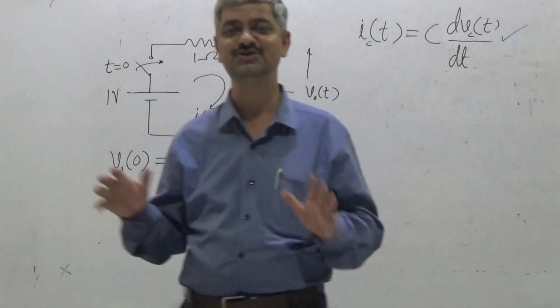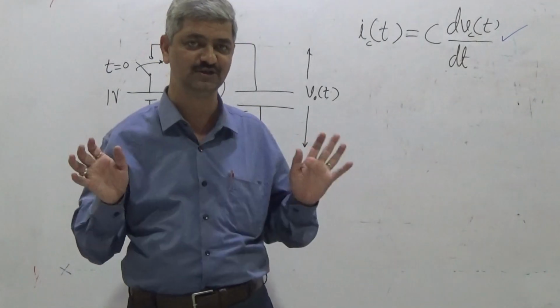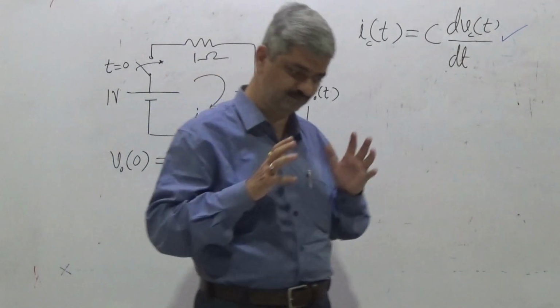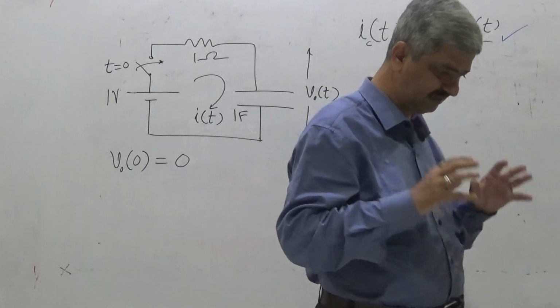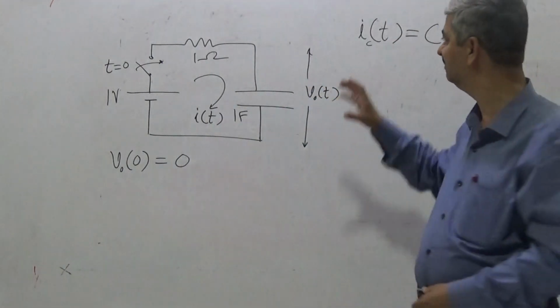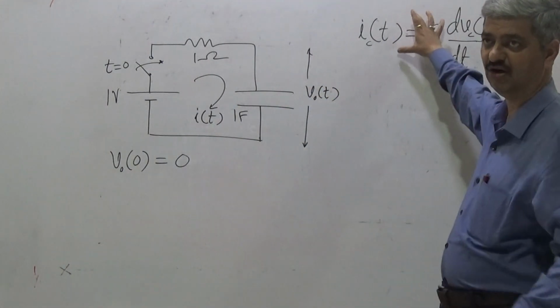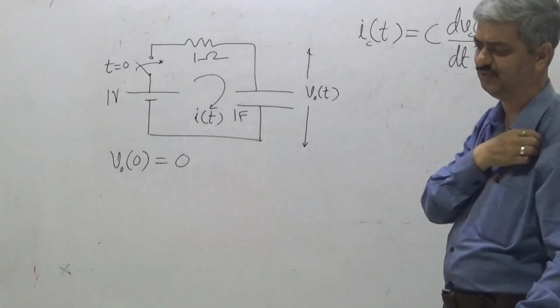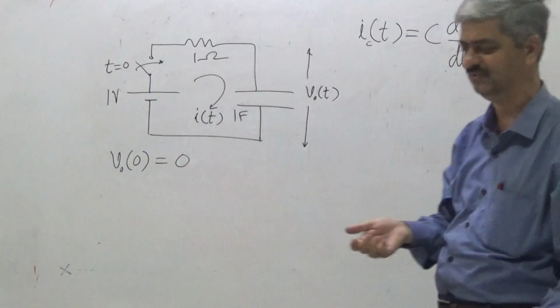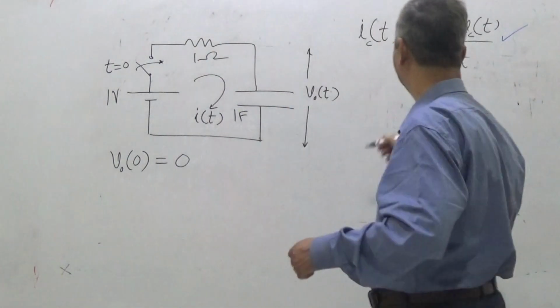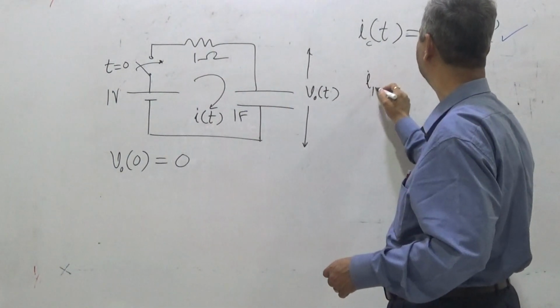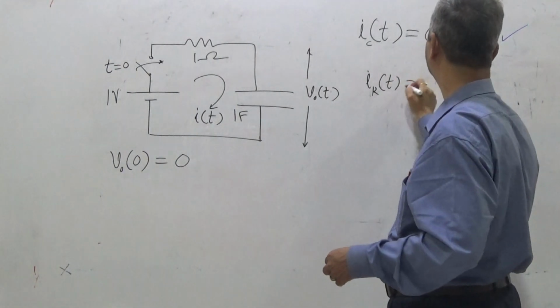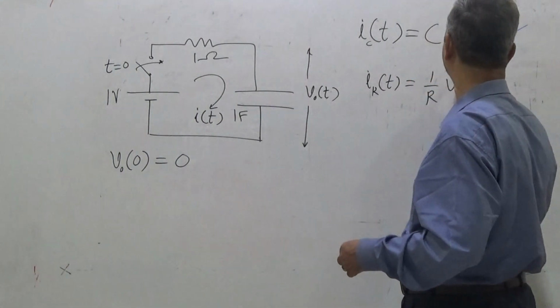So Kirchhoff's laws, and the working equation, or the fundamental equation, for a capacitor. The fundamental equation for a resistor we already know. What is the fundamental equation of a resistor? I_R(t) is equal to 1 upon R into V_R(t).